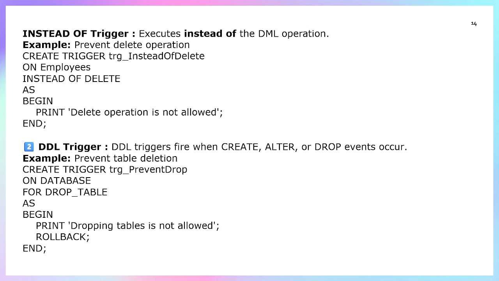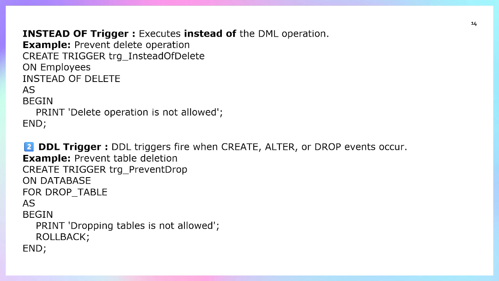So here it is a little bit different. There, what we were doing was create trigger name on which table, but here it's for the DDL command, so we have to write on database, as well as for which table, for the table name.